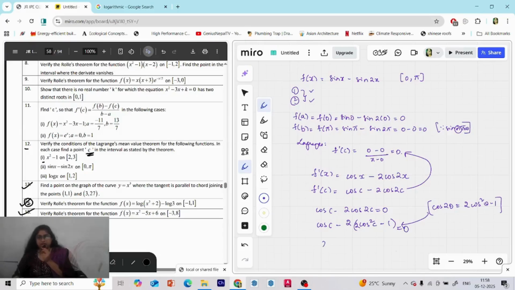Okay, so we have 2 into 2 cos square c minus 1 is equal to cos c. So we have 4 cos square c minus 2 is equal to cos c.